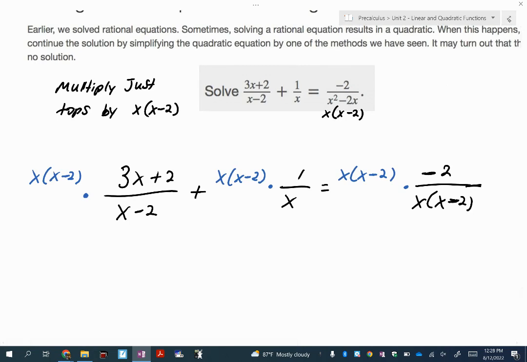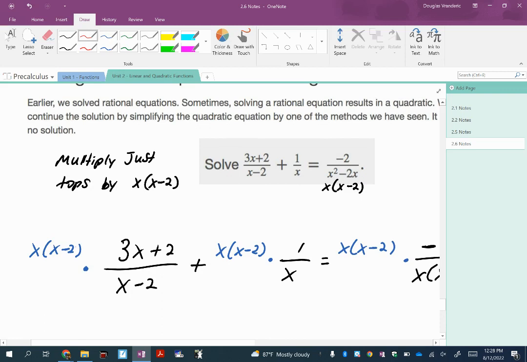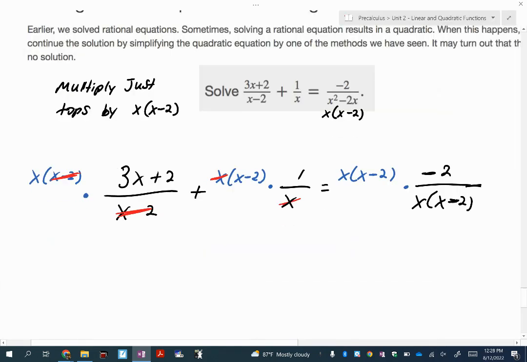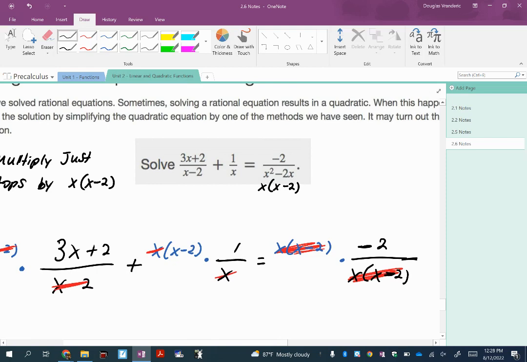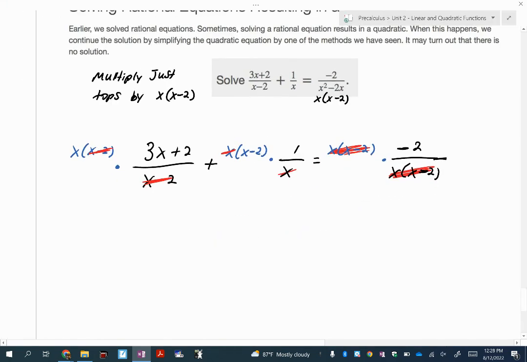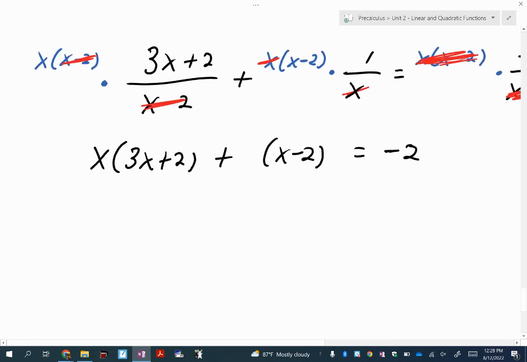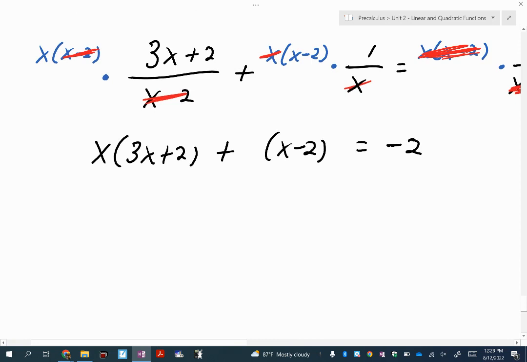So I could actually cross out this x minus 2 with that x minus 2, this x with this x, and for this last piece, I could cross out the entire denominator. So now, when I bring everything down, I don't have any more denominators. So this is x times 3x plus 2 plus 1 times x minus 2 equals just negative 2. So it makes this a much simpler equation now.